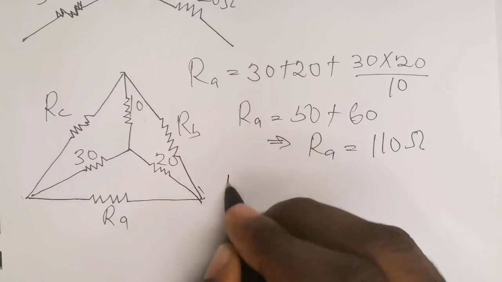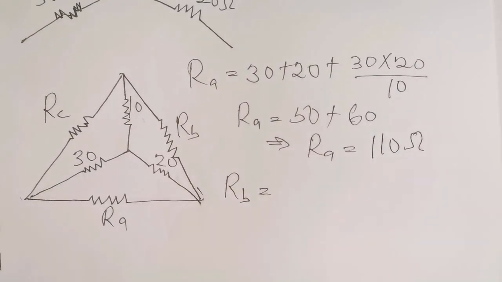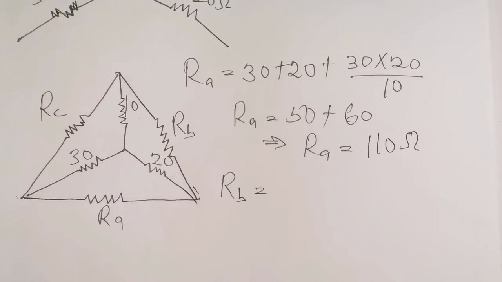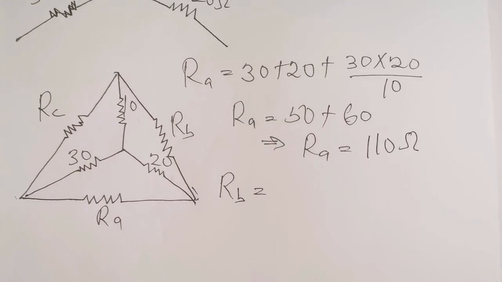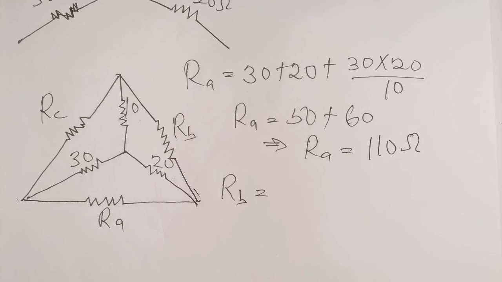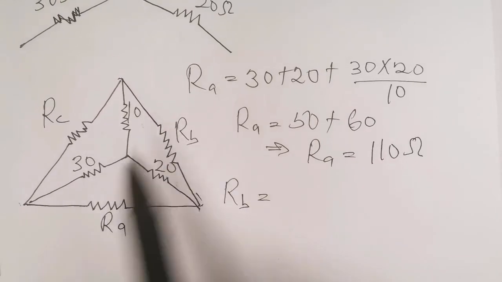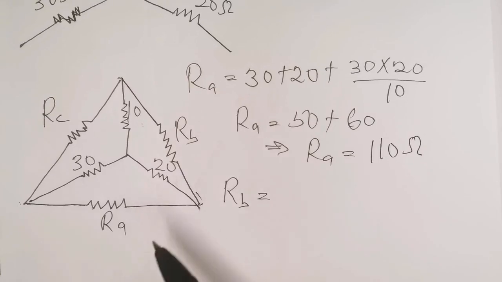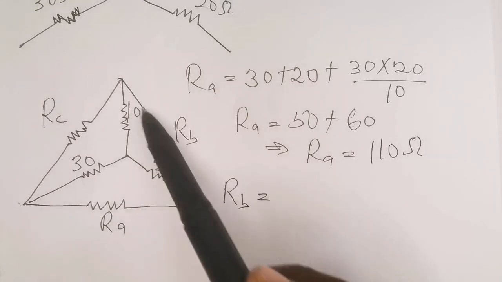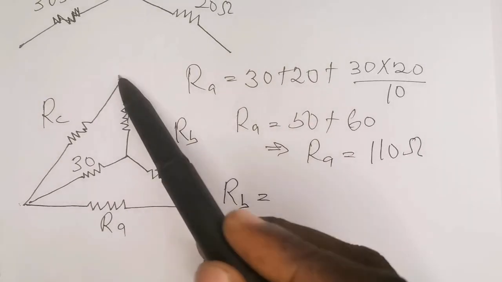Similarly, to find RB, look at the circuit and find the loop which forms a complete triangle with RB. This is RB. The loop which forms a complete triangle involves from here to here to here.